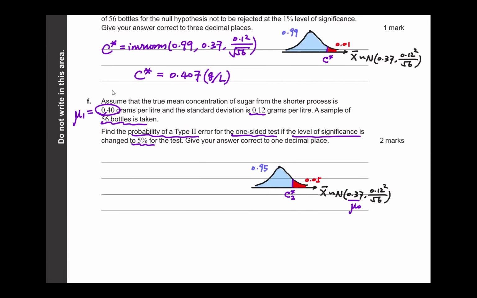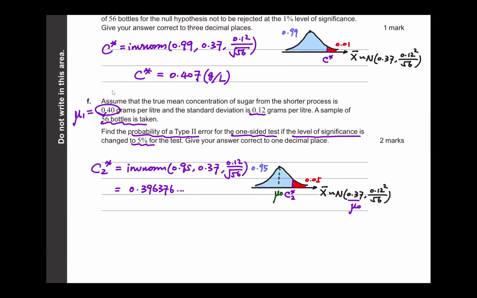This was mu0, okay? So C2 star equals inverse norm 0.95, 0.37, and then 0.12 divided by root 56, okay? So you will get, let's say, 0.396376, something like that.